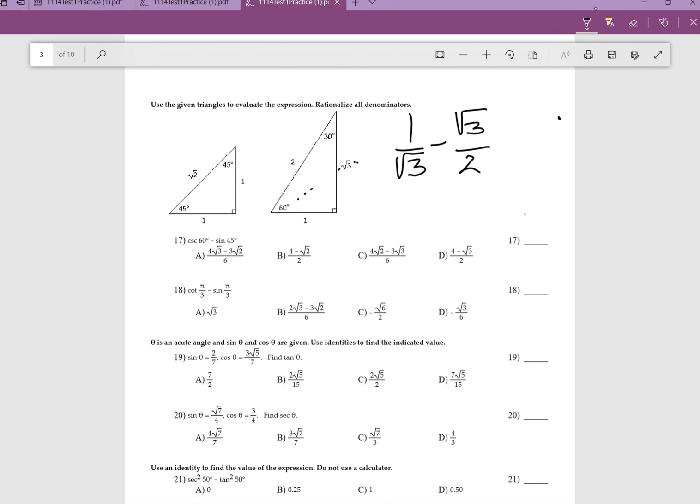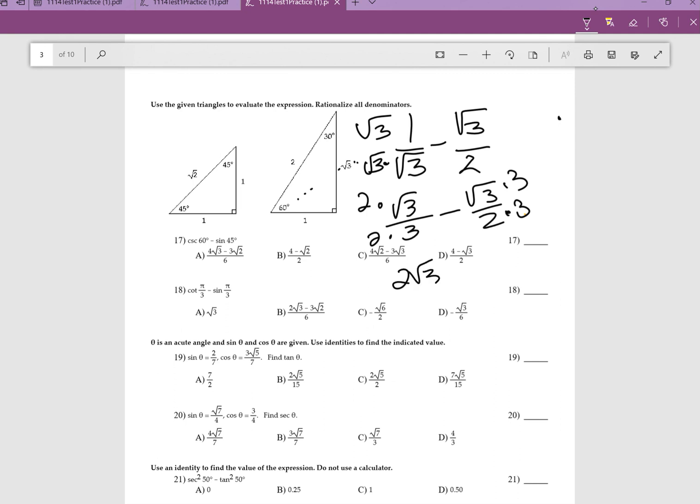If I rationalize the denominator for this side, I end up with square root of 3 over 3 minus square root of 3 over 2. Okay? If I also then build this up by 3 and I build this up by 2, I end up with 2 square root of 3 over 6 minus 3 square root of 3 over 6. And this top portion ends up in negative 1 square root of 3 over 6, which is answer choice D.